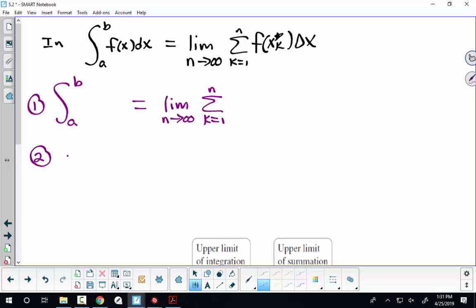The dx on the other side corresponds to the delta x. That tells us with respect to what variable we do all this, in this case, with respect to x.